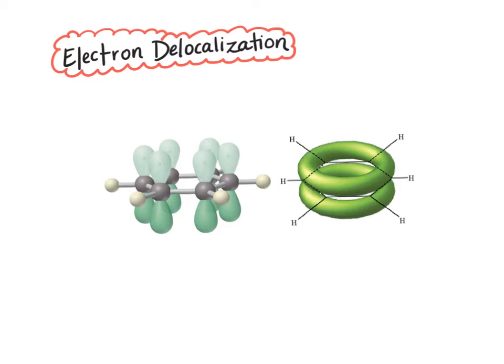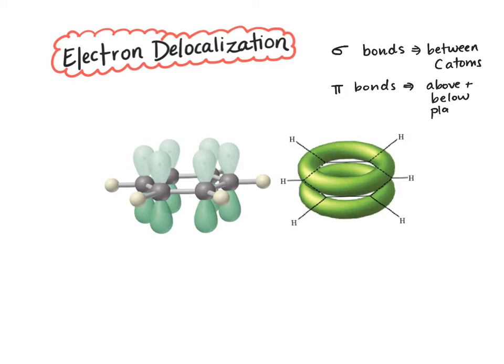So within benzene, there's a phenomenon called electron delocalization. The reason for that is that there are both sigma bonds, so those are between carbon atoms, and then there are pi bonds, and those exist above and below carbon atoms, so above and below the plane of the molecule.